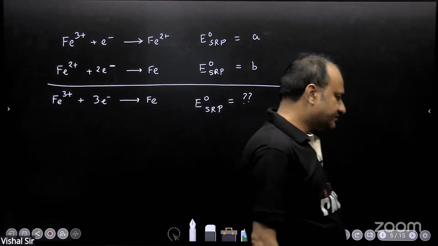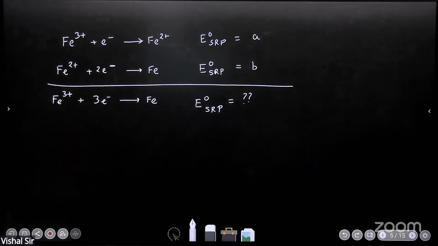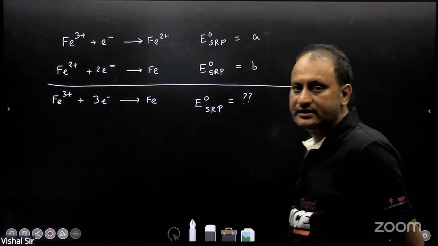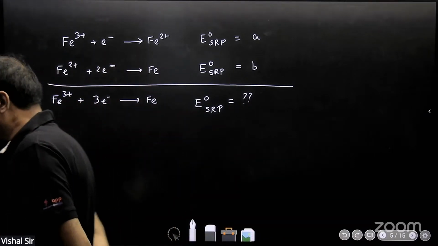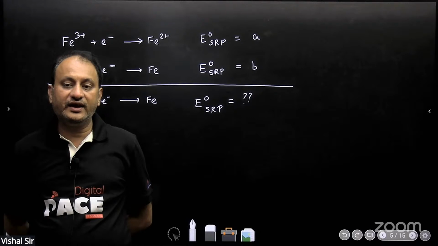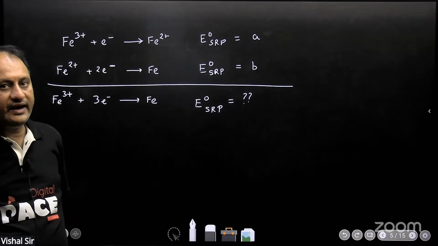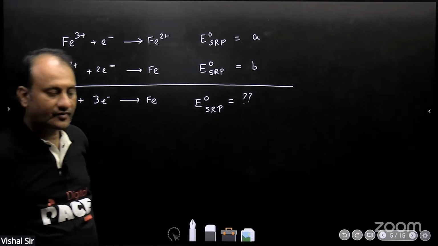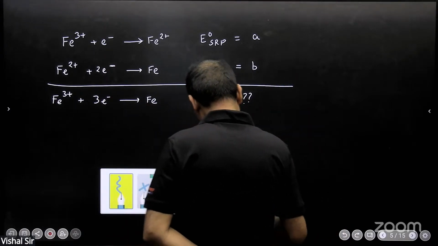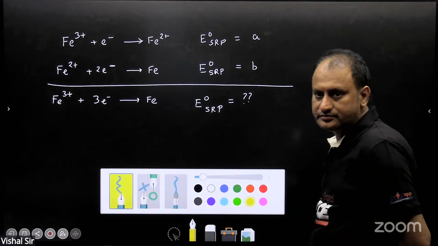Now in this case, remember, you can never add or subtract the E naught values when two oxidation or two reduction reactions are being added. Here you will have to go by delta G naught. So we know the relation: delta G naught is minus nFE naught.